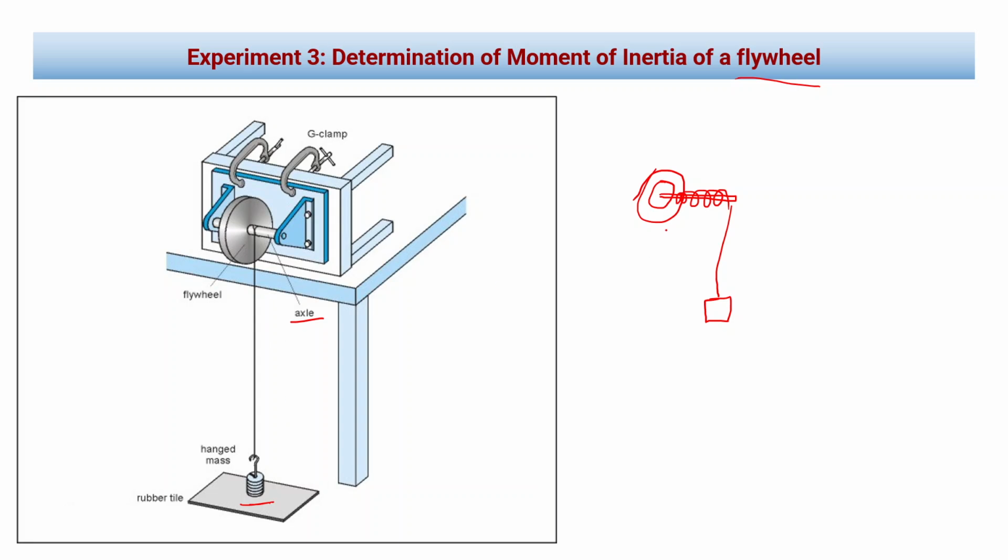This is the height. The height from the hanging mass to the floor, we take as h, and the radius of the axle we measure, from which we get r. Now, how do we get the working formula for this experiment?